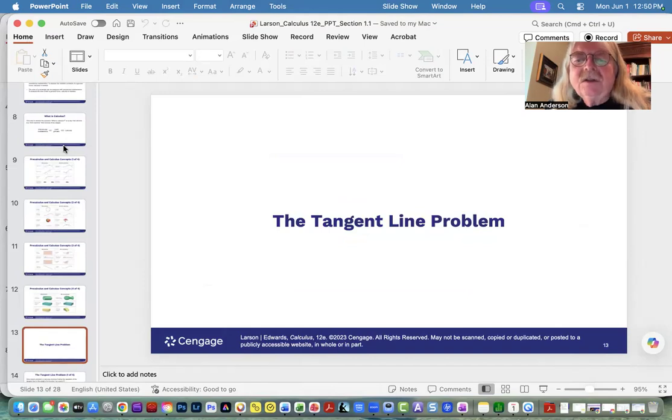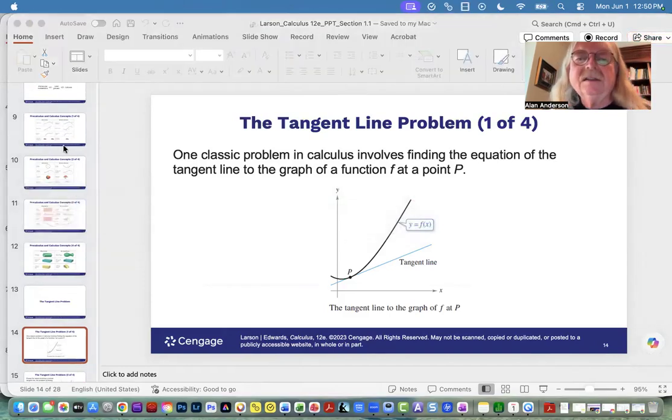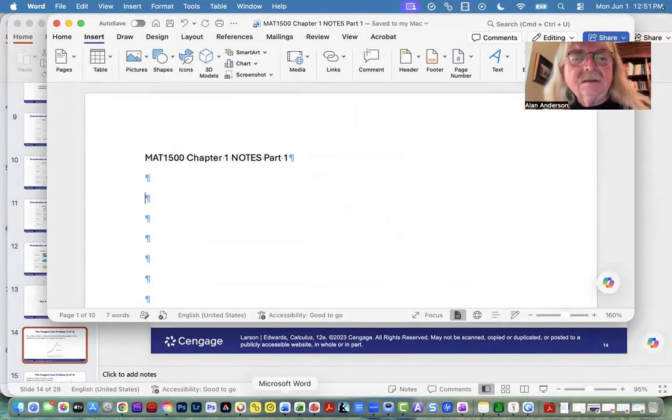So we'll start with this notion of the tangent line. Now, of course, we're going to see tangents all the time in calculus. All right. It's an important idea. And if you remember from your travels, a tangent line is a line that touches a curve at exactly one point. Okay.